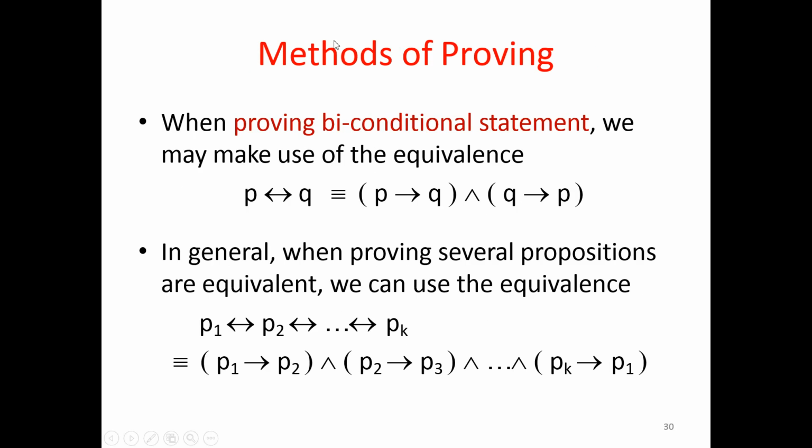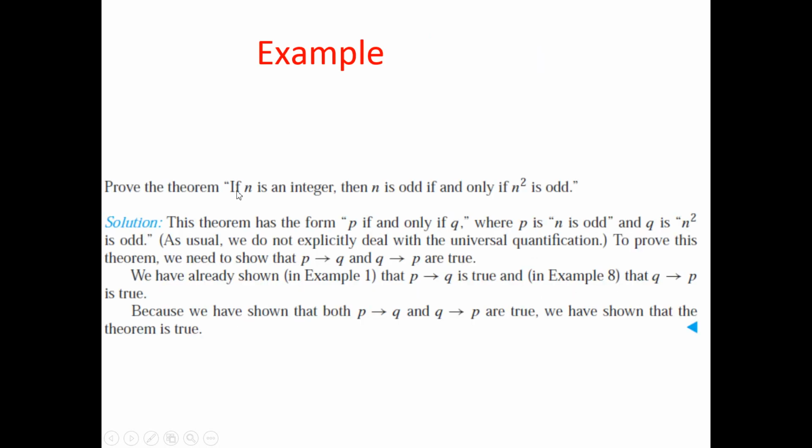Next method is proving biconditional statements. So we may use the equivalence: P if and only if Q is equivalent to P implies Q and Q implies P. But in general, for more than two cases, we can use this equivalence relation. There is an example.